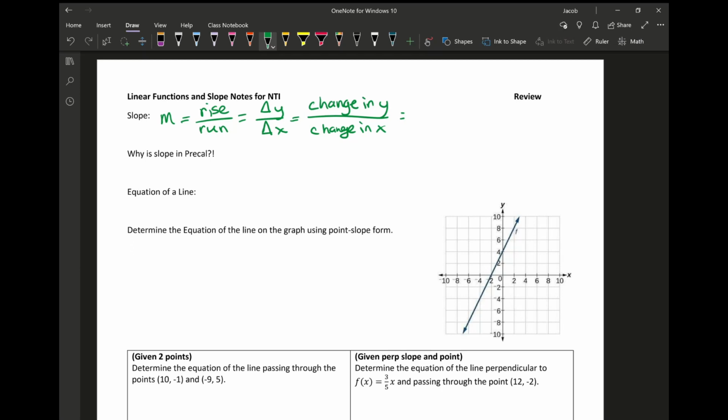And mathematically, change is represented as subtraction, like y2 minus y1 over x2 minus x1. So you've seen some form of slope before.